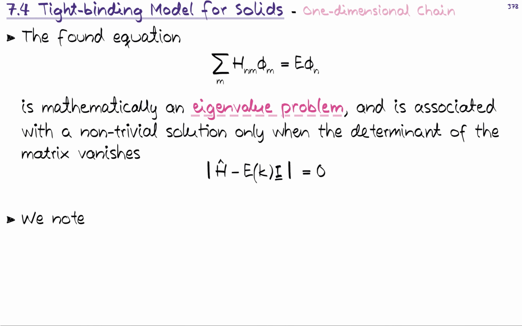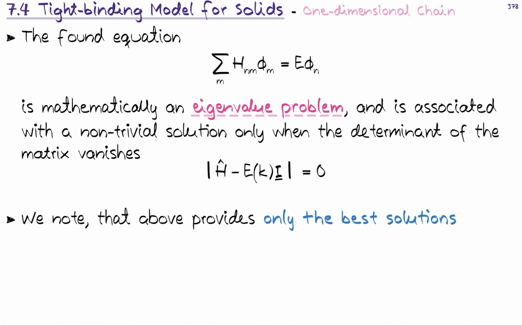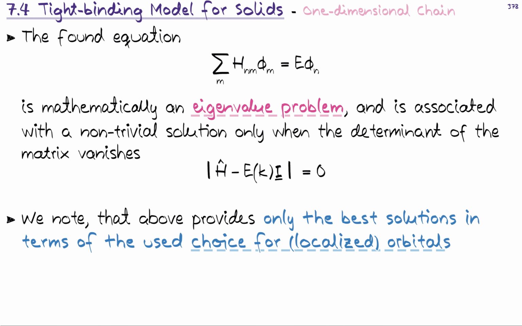And please note, with this approach we can find an accurate solution, but this solution is only the best solution that can be found in terms of the orbitals we have started with. We chose in the beginning that we have only a single orbital associated with each of those atoms. So we could find a solution, but it would only be the best solution in terms of this choice of localized orbitals.